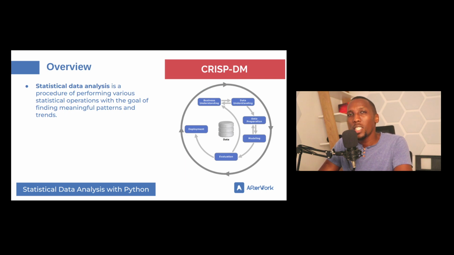Statistical data analysis generally involves the type of analysis that includes various statistical operations, and the goal is to identify meaningful patterns within a data set that will be important in your further analysis.